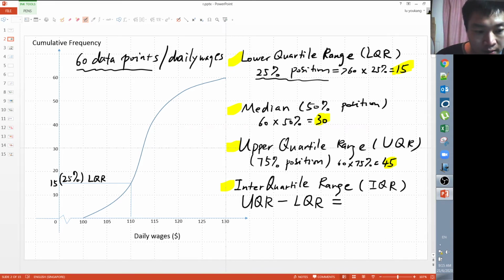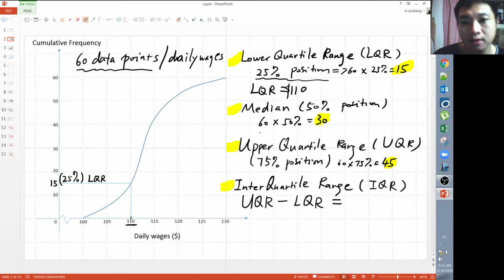Now just read this value on the horizontal axis. That gives you 110. Therefore the lower quartile range is 110, and the unit over here is dollars.